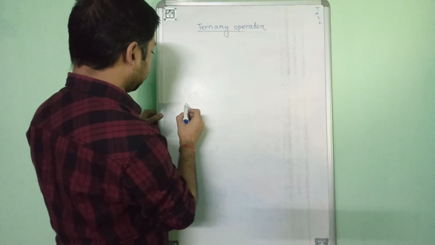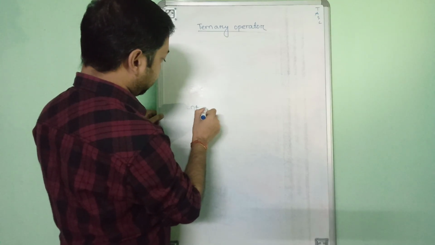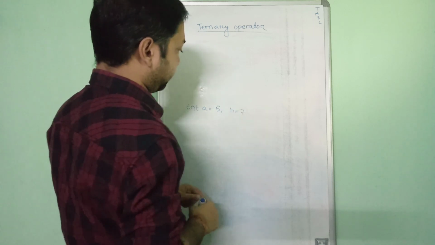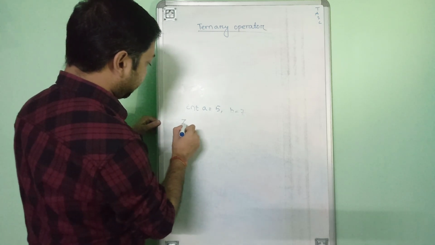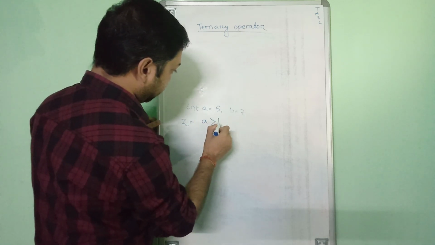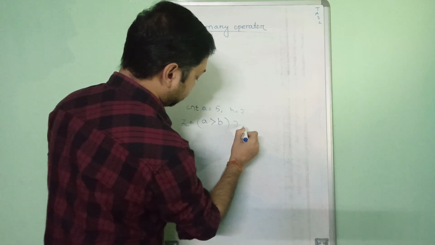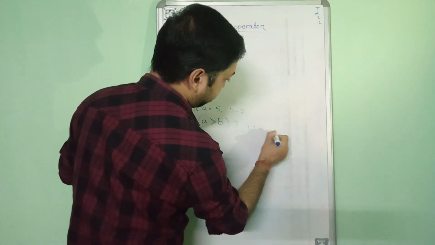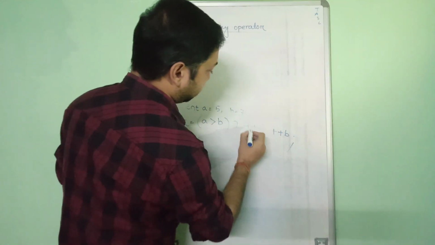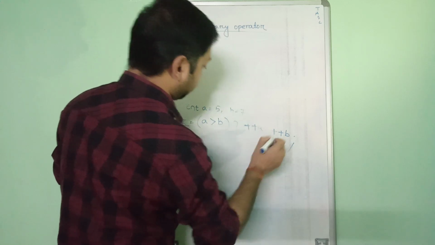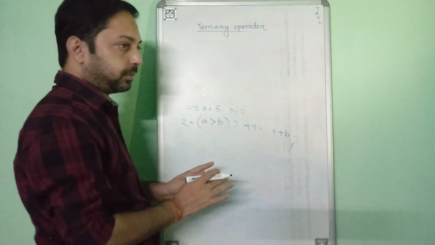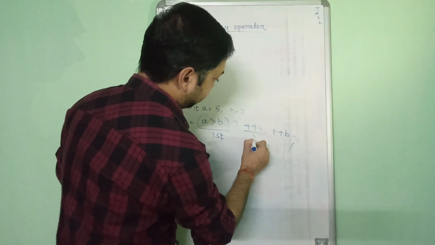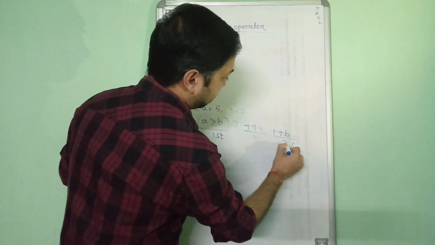So let me write here int a equal to 5 and b equal to 7. Then I will write j equals to a greater than b question mark ++a colon ++b. So this is the simple syntax. Now we just try to find out the first part, second part and third part. This is the first part, this is the second part and this is the third part.